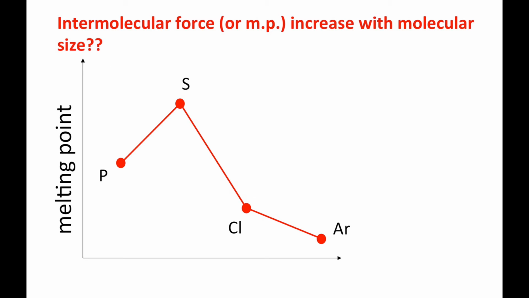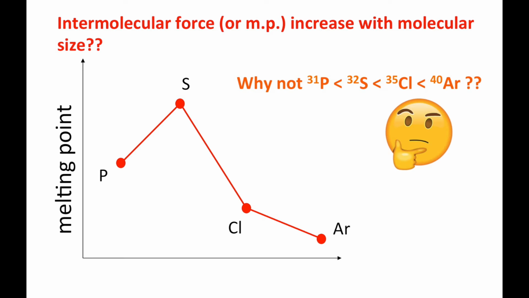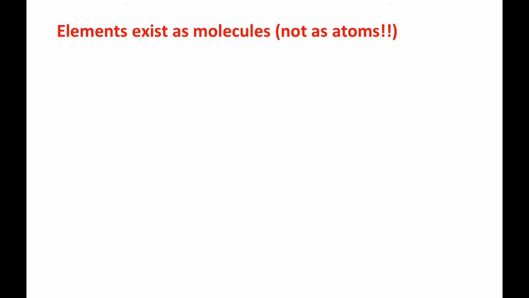And here we have the data from scientists. Sulfur has the highest melting point and argon the lowest. This may confuse us, since the melting point does not increase with atomic number like this trend. But the reason is that the elements exist as molecules, not atoms. Here we show the real molecules of several elements.